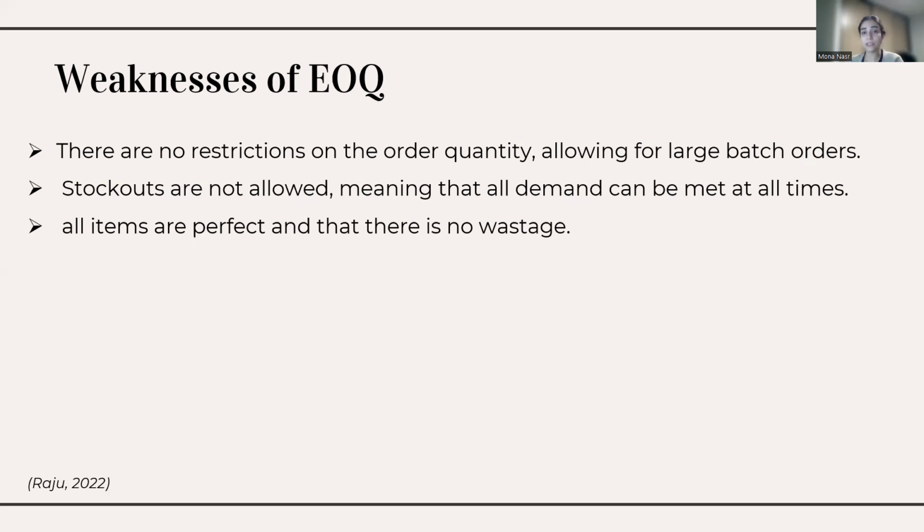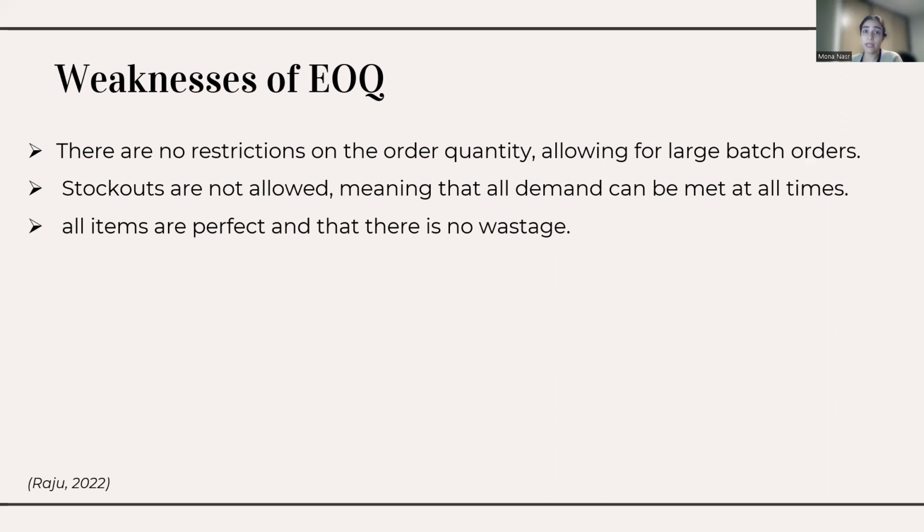The EOQ model assumes that stockouts are not allowed, meaning that all demands can be met at all times. In certain situations, it may be more cost-effective or practical to allow for back orders when there is unexpected demand or delays in supply. Allowing back orders can be beneficial if the cost of back ordering is substantially lower than maintaining excess inventory to prevent stockouts.